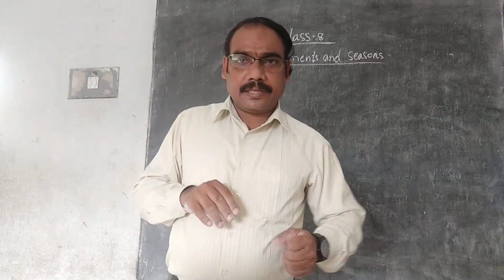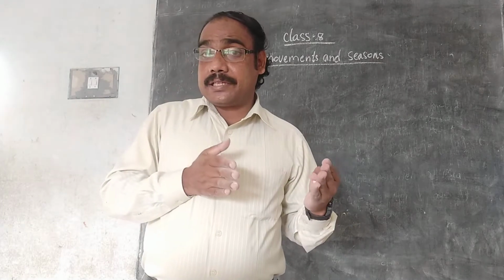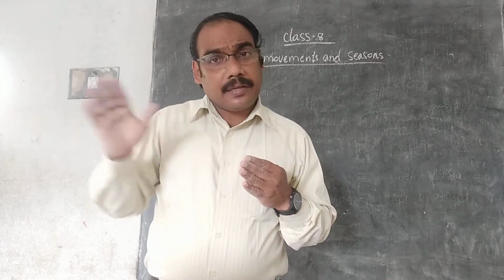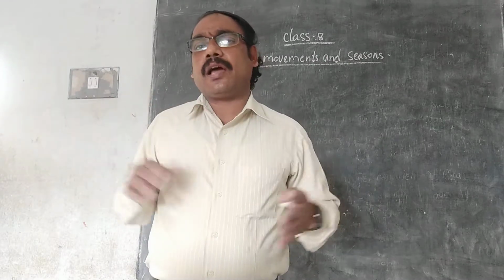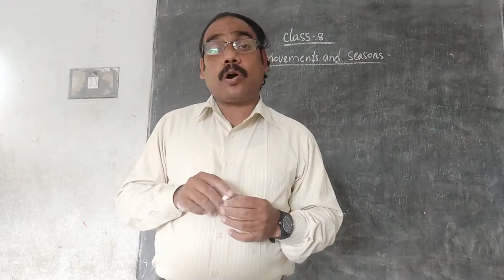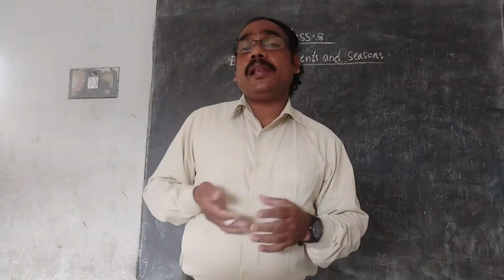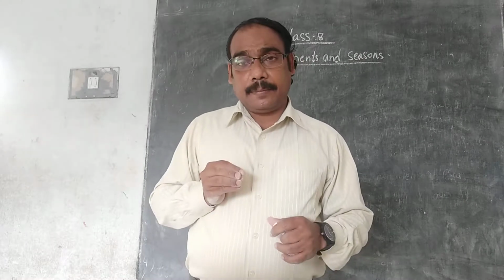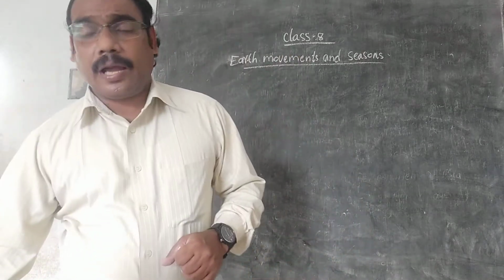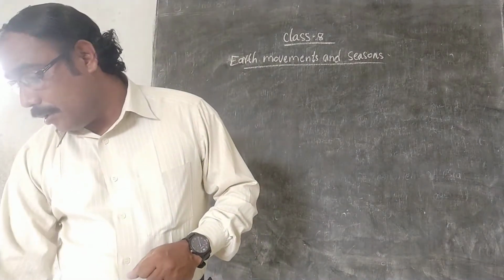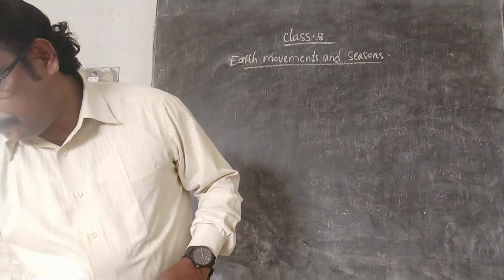We cannot say what happens: in rainy season there may not be rain, in summer season there may be rain, because this all happens because of global warming. Okay, global warming means unusual increase in the temperature. That all happens because of different kinds of pollution.